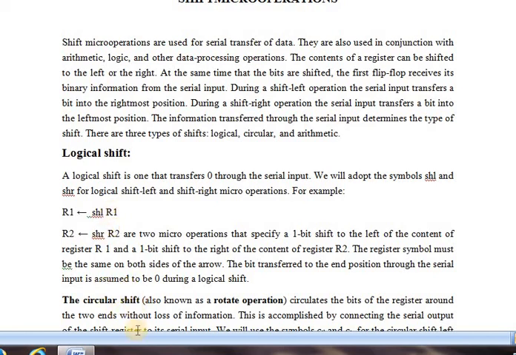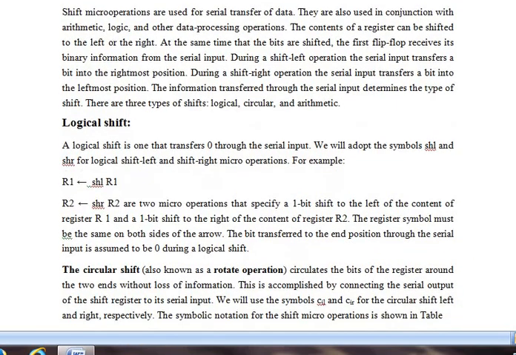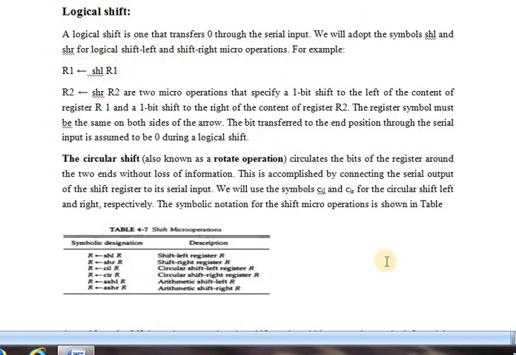But circular shift performs in both directions, around the two ends without loss of information. This is accomplished by connecting the serial output of the shift register to its serial input. We will use the symbols CIL and CIR, that is, circular shift left and circular shift right respectively.